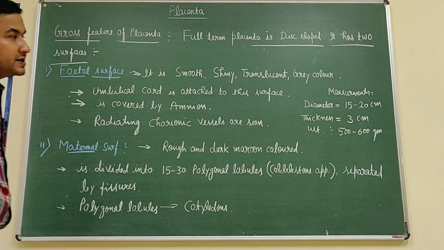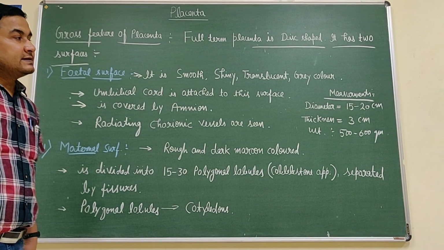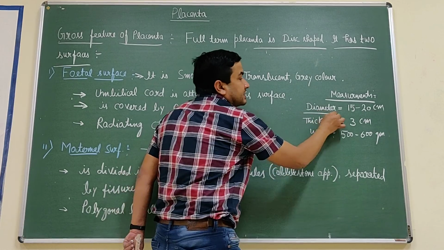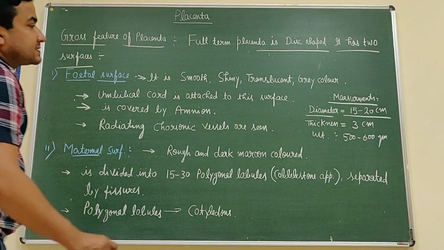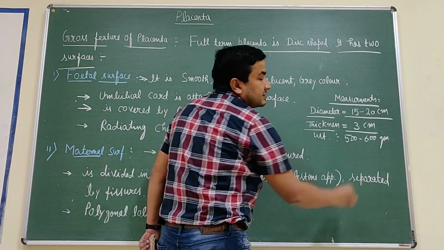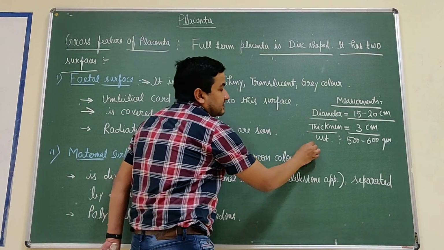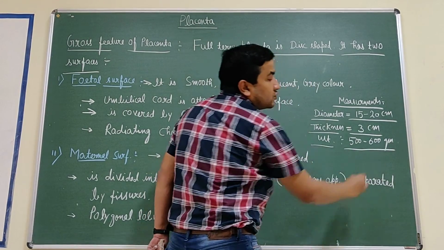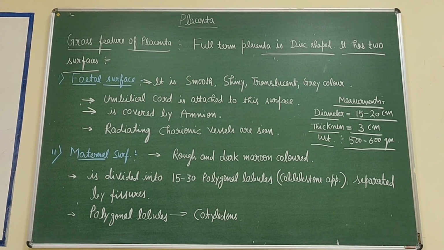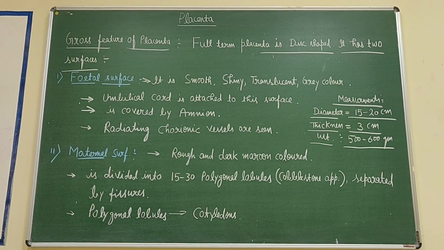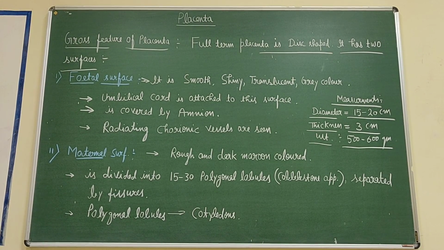If you see the measurement of the full term placenta, its diameter is about 15 to 20 centimeter, while the thickness in the center is about 3 centimeter, and the weight is about 500 to 600 gram. That is 1/6 of the fetus weight.